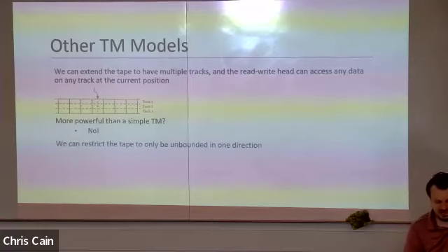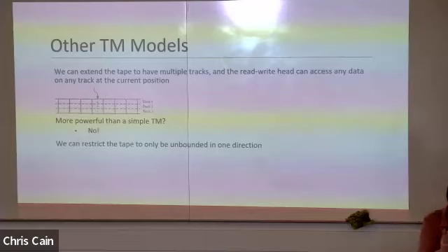How did we come to this? We said we can restrict the tape to be only unbounded in one direction. That's not why we said that. That was the next thing we did. But the reason behind this is that we could put the tracks next to each other. So we'd have cell 0, track 1, 2, 3, cell 1, track 1, 2, 3, cell 2, track 1, 2, 3.